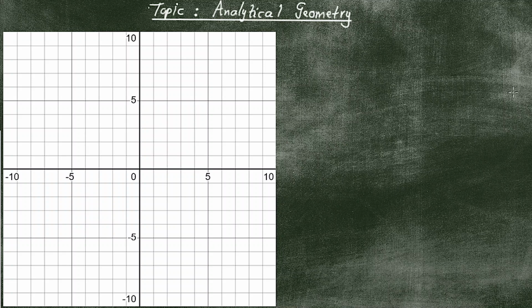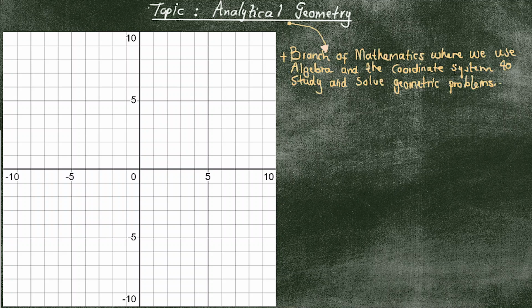So lana we are trying to unify the two topics, algebra nani the Euclidean geometry. So it's basically a branch of mathematics where we use algebra as well as the coordinate system to study and solve geometric problems, right? So we are actually discussing Euclidean geometry using algebra.